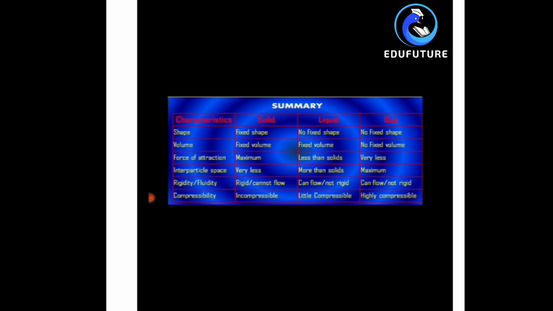So, rigidity in solids is maximum. Liquids can flow. Liquids are not rigid. And gas can flow and is not rigid at all. Compressibility. Solids, incompressible. Liquids, little compressible. Gas, highly compressible. So that was all about this chapter.